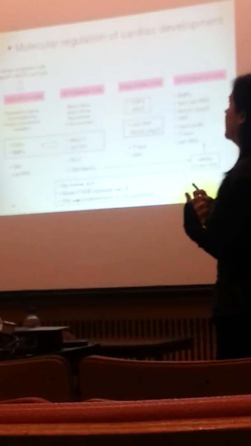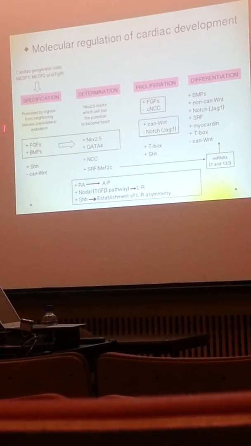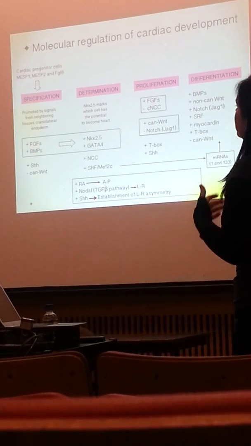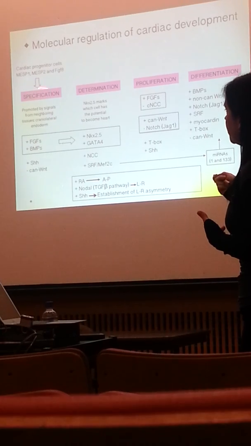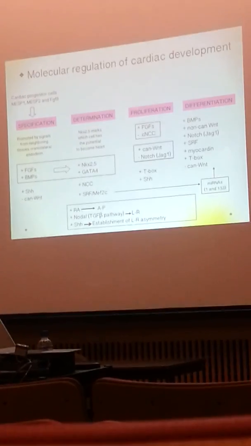Now moving to the molecular regulation of cardiac development. First I will define a developmental process, which happens in steps that occur in every developmental process: specification, determination, proliferation, and differentiation.